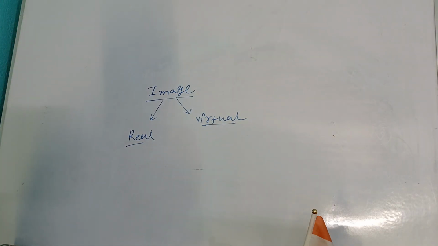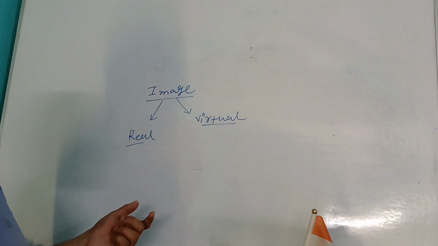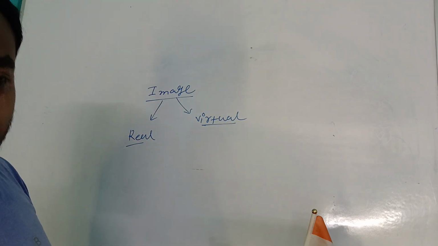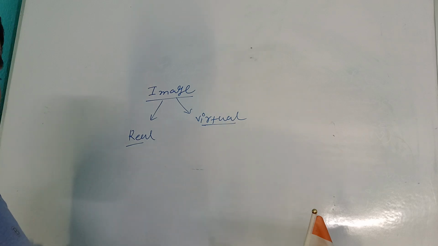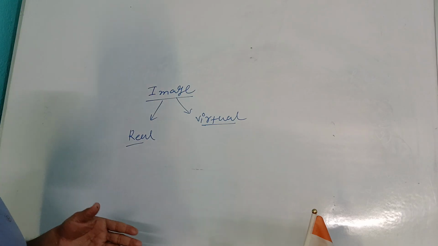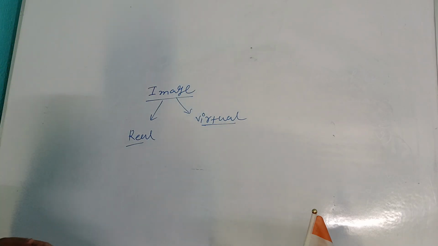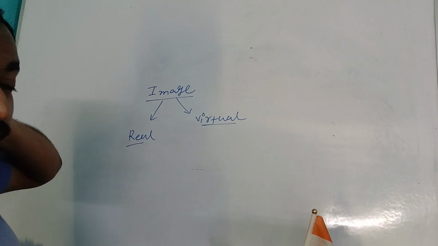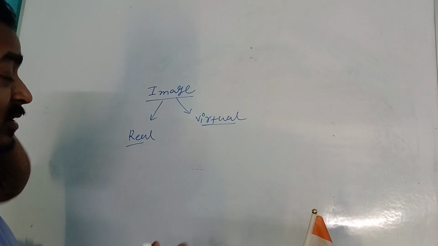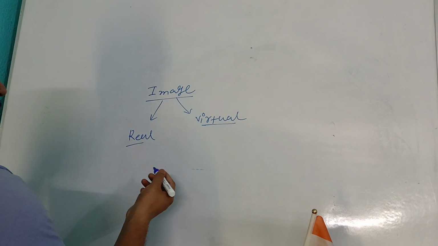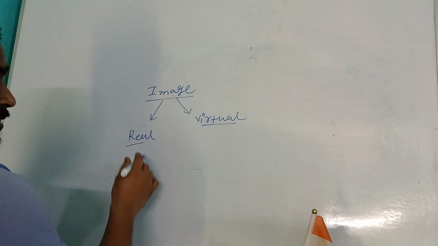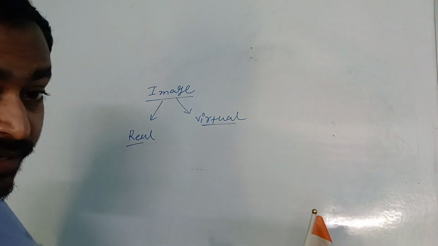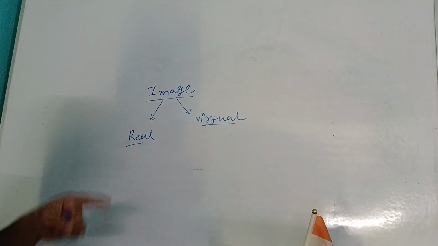The concept of image is, see, when the reflected rays or refracted rays really meet at a point, then it is a real image. If they appear to meet, then it is a virtual image. So just remember, real means the reflected rays or refracted rays are really intersecting.